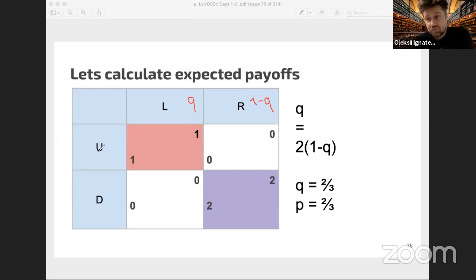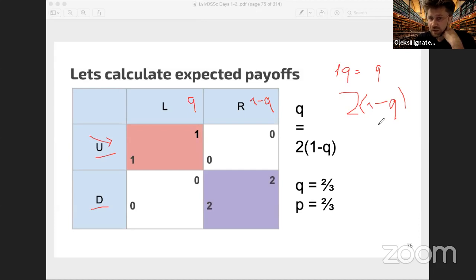When the first player chooses up, then with probability Q he gets 1, and with probability 1 minus Q he gets 0. So his expected payoff of playing up is Q. If he plays down, he gets 2 with probability 1 minus Q, and 0 with probability Q. The important thing to understand is that Q is a parameter we don't know.